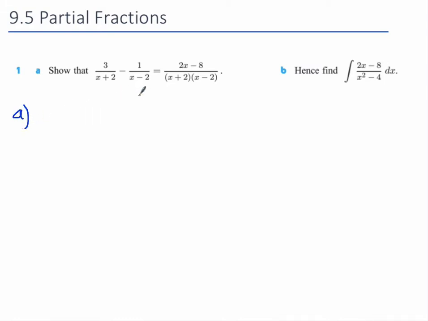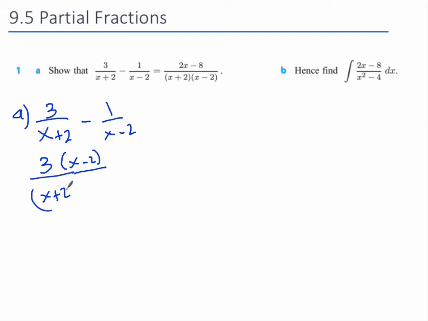Okay. So firstly, let's show that question, so don't work with both sides. Don't multiply both sides by x plus 2, x minus 2. You just have to work with one side. So we'll work with the left-hand side and show it equals the right-hand side, so let's write down the left-hand side. To combine it to one fraction, we need a common denominator. So we'll multiply numerator and denominator here by x minus 2, and this numerator and denominator by x plus 2.